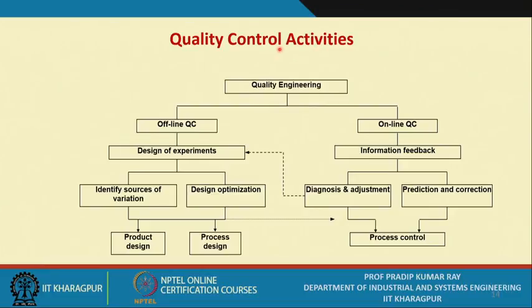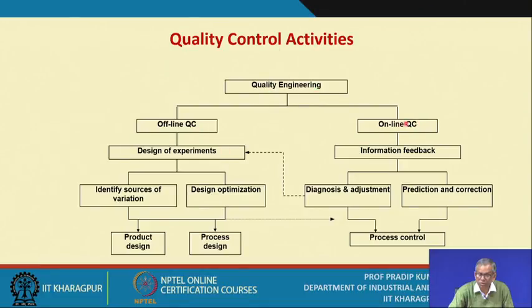What are the quality control activities related to quality engineering? Offline quality control and online quality control. Online quality control based tools and techniques we have already discussed. As far as offline quality control is concerned, we refer to the design of experiments. Through design of experiments you identify the sources of variation, and we opt for design optimization.